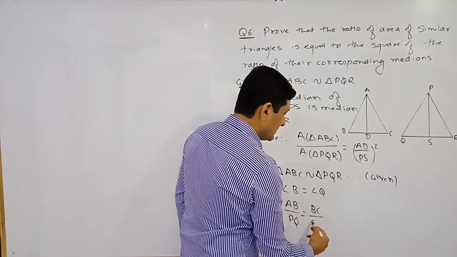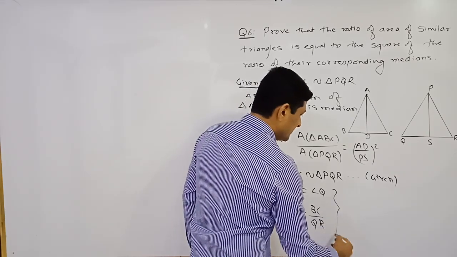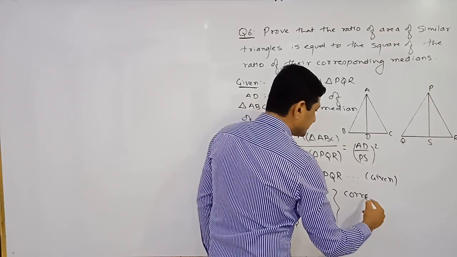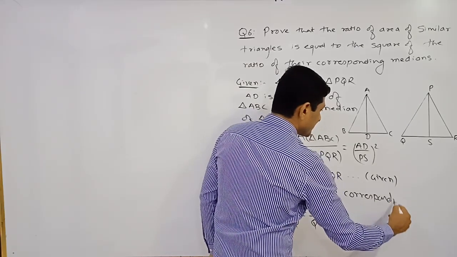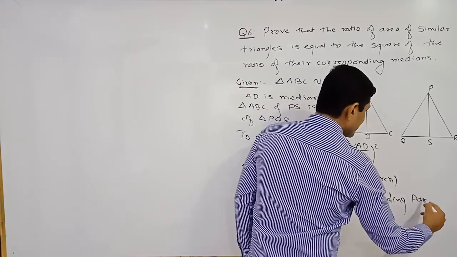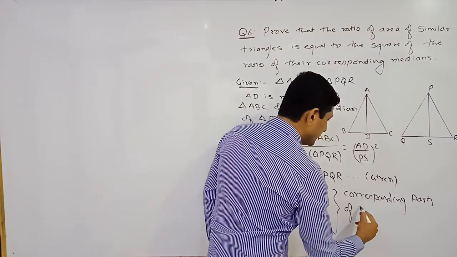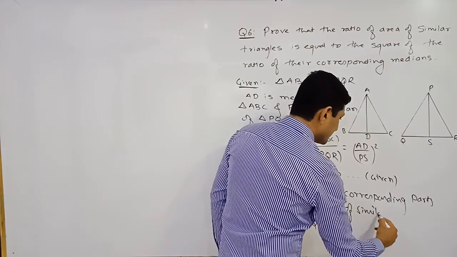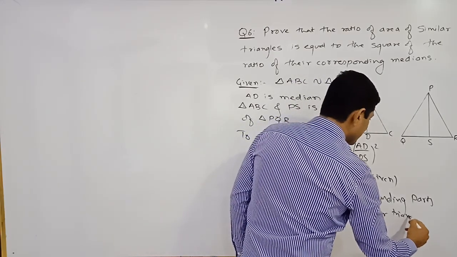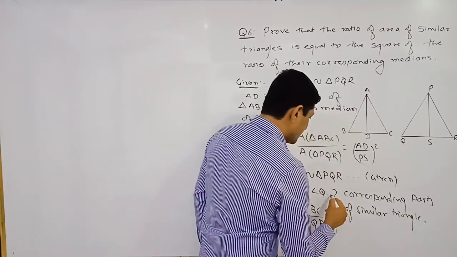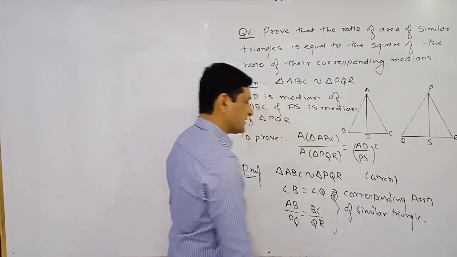These are nothing but corresponding parts of similar triangles. Let us denote this first result by equation number 1.